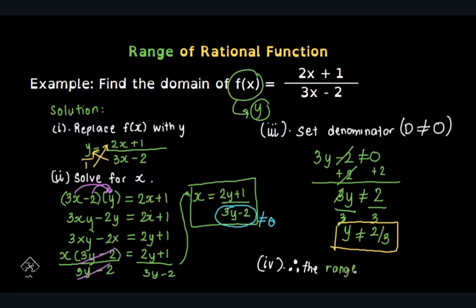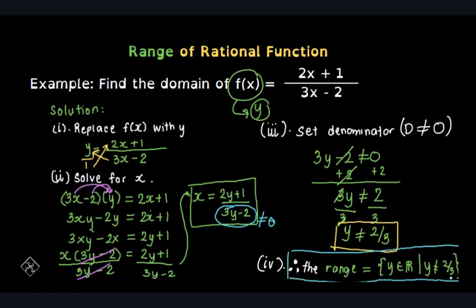The range is y is an element of the real numbers, lahat ng real number except 2/3. Okay, kaya meron not equal to 0 siya. So, lahat ng numbers kasama, pero hindi kasama si 2/3. And this is our final answer or final representation ng answer sa range of a rational function. Okay?